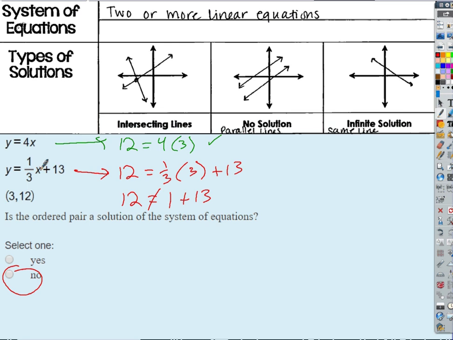But well, they're not parallel lines either, are they? They're two lines that have different slopes. But this point right here, it satisfied the first equation, so that means it's a point that's on that line, correct? But it didn't work in the second equation, so it's not a solution of the second line. So is the point on the second line? It's not, right? It's a point that only sits on one of those lines. Okay, that makes sense? Okay, all right.